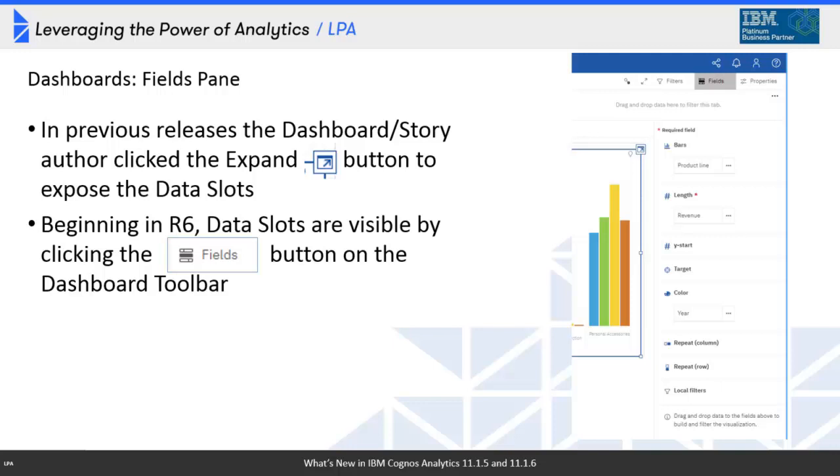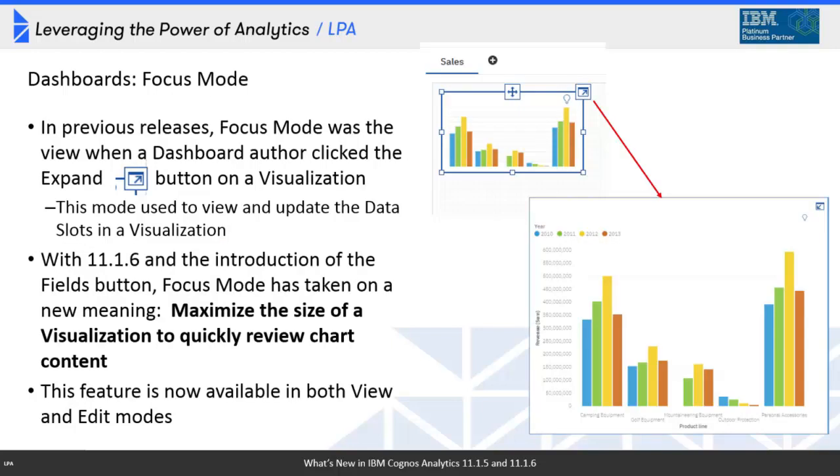Now, if you have used Cognos Analytics in the past, you know that to expose the data slots in previous releases in your dashboard, you needed to click the Expand button in the top right corner. The Expand button hasn't gone away, but it has a new purpose in R6. In R6, the Expand button places you in what is called Focus Mode.